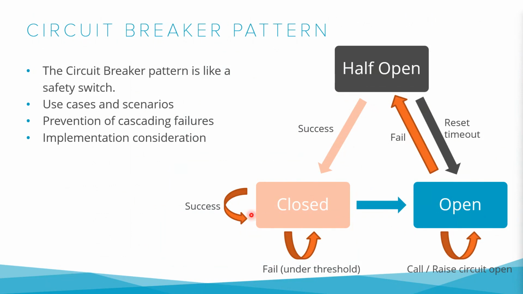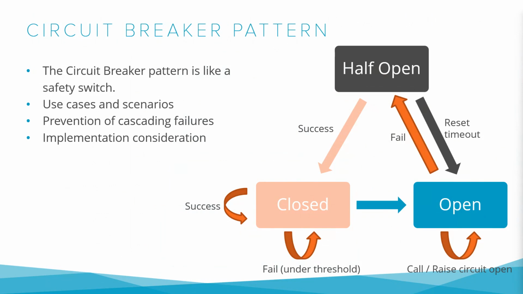And then it moves directly to the closed state, allowing normal request traffic flow. However, if any of the requests in the half open state fails, then the circuit breaker moves back to the open state, indicating that the service or resource is still experiencing issues or hasn't fully recovered.